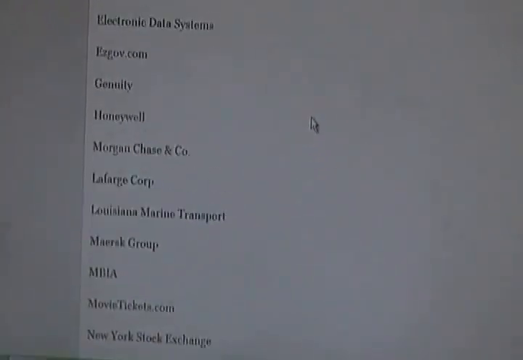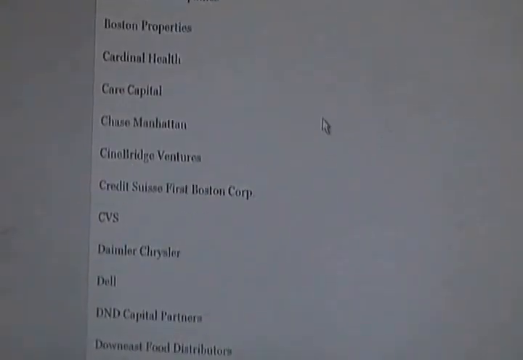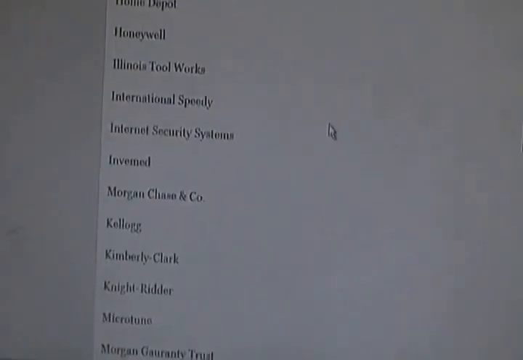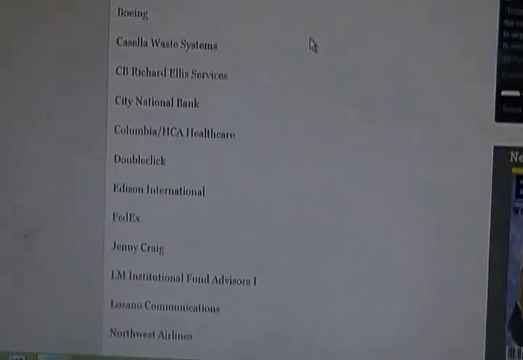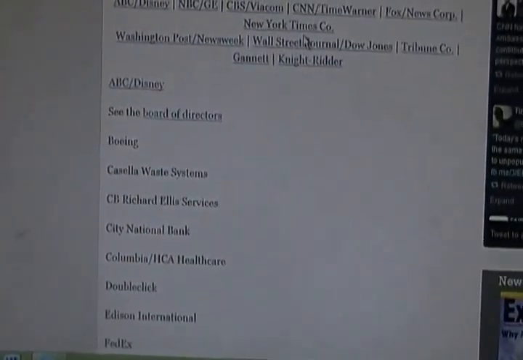Well, basically, what an interlocking directorate means is this.